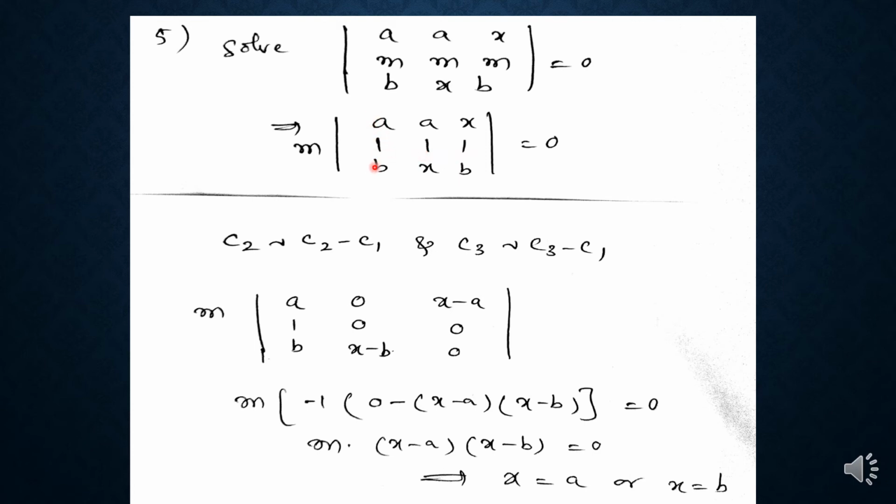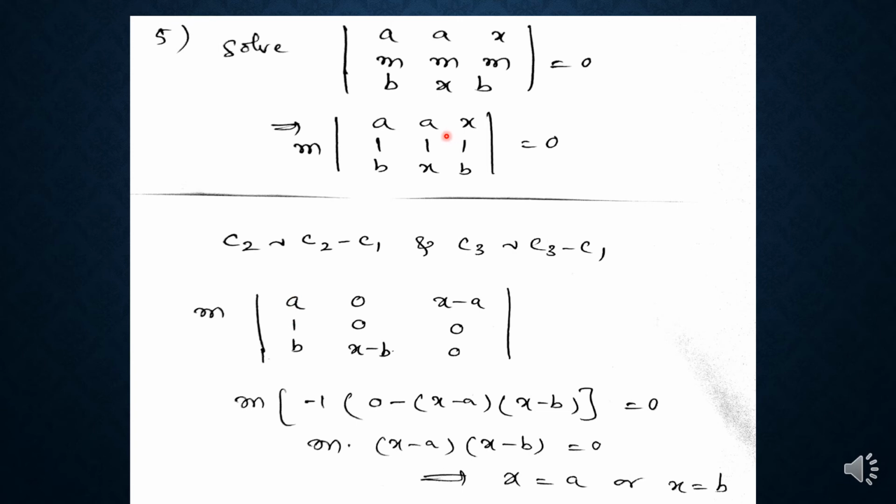The first column is constant, there is no change in the first column. That is m into a, 1, b. C2 changes to C2 minus C1. The second column elements are changing as C2 minus C1, and the third column elements are also changing as C3 minus C1. So the first column elements are m into a, 1, b.